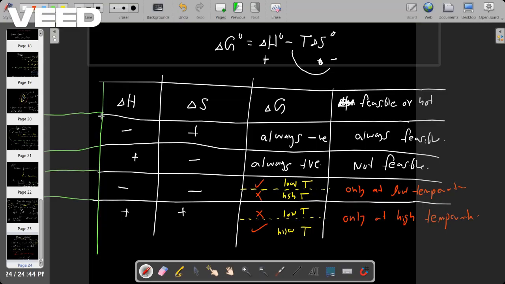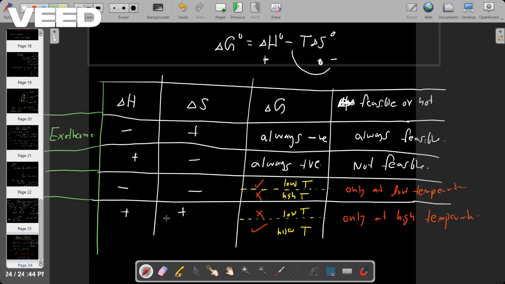Then the reaction is feasible. This you can write at another column, right? It is exothermic. So exothermic reactions, when the system entropy is increasing, reaction is very feasible, right?